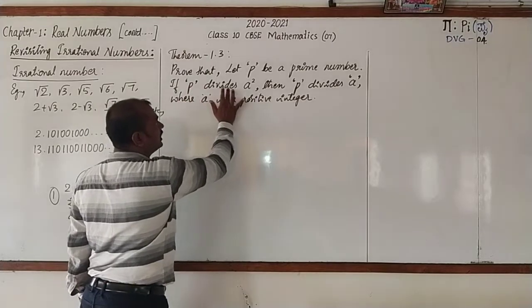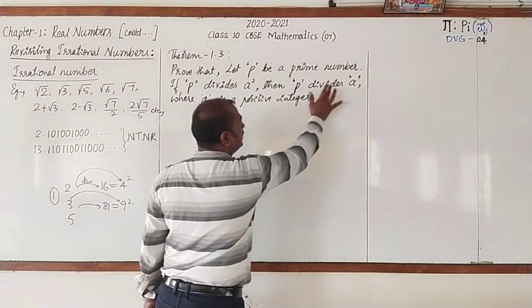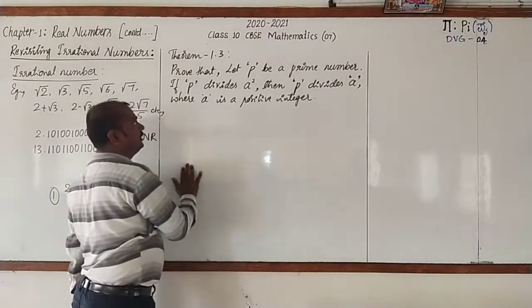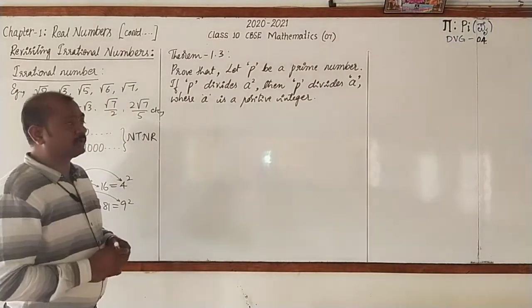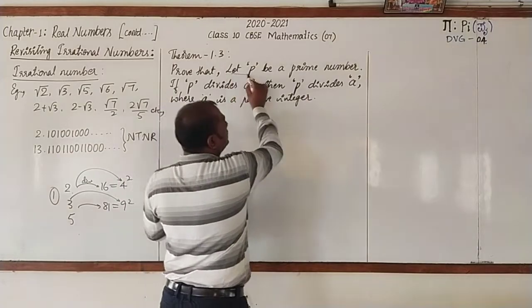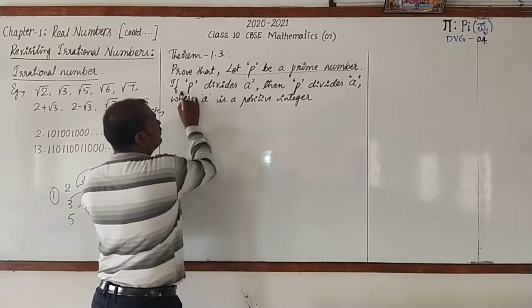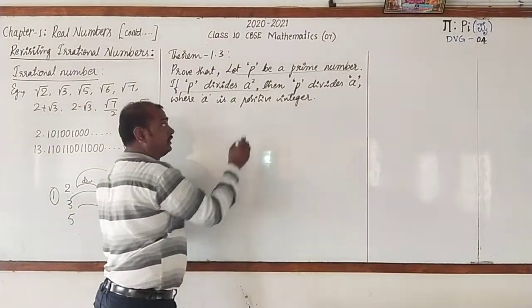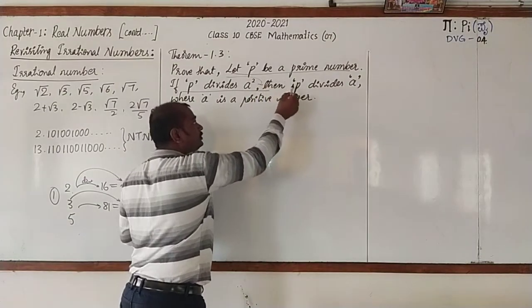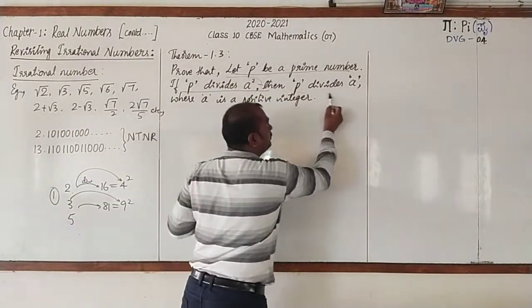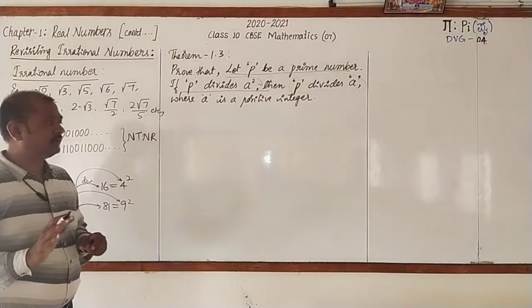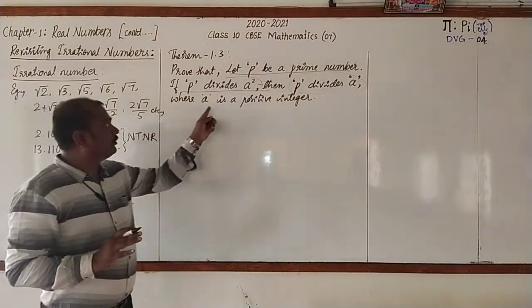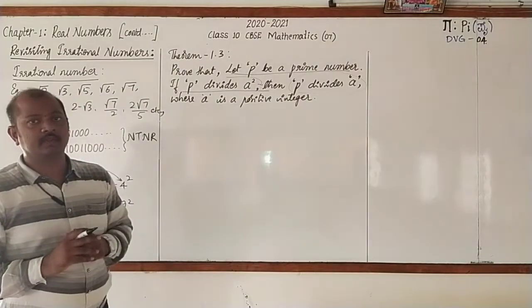If p divides a square, then p divides a, where a is a positive integer. Clear? Actually, the question should be like this: let p be a prime number. If p divides a square, then prove that p divides a. Got it? But the condition is given where a is a positive integer.